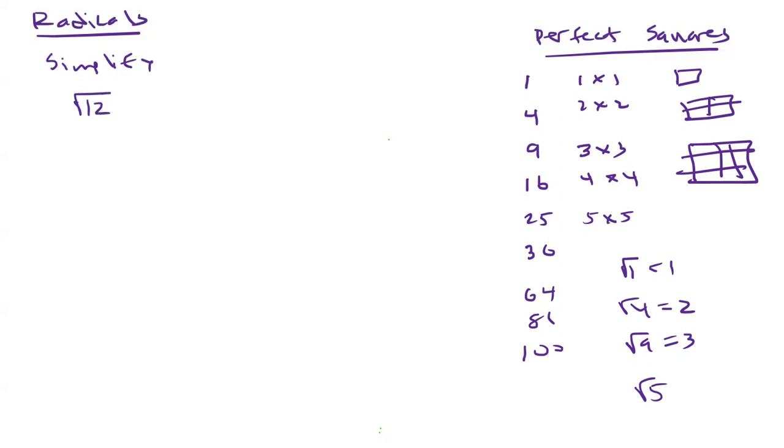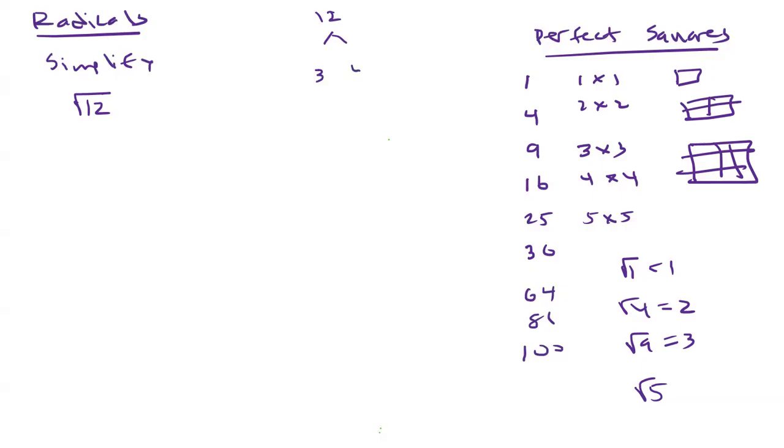Okay, so let's say we have radical 12. All right, we need to simplify radical 12. Well, let's go ahead and list down the factors of 12. So what are the factors of 12? What are they? What two numbers when you multiply give you 12? 3 and 4.